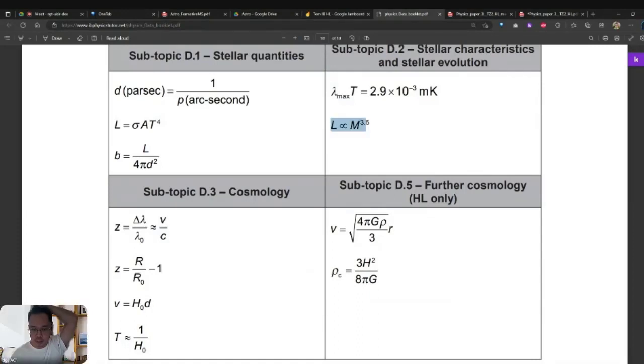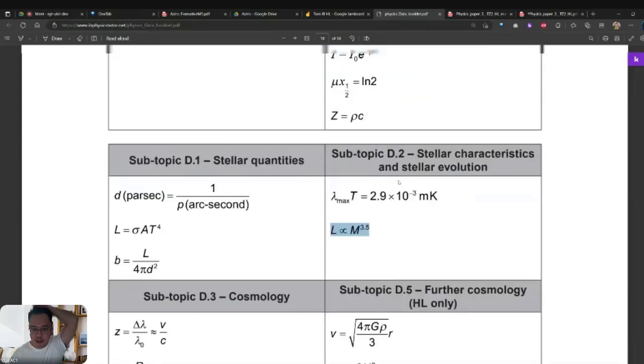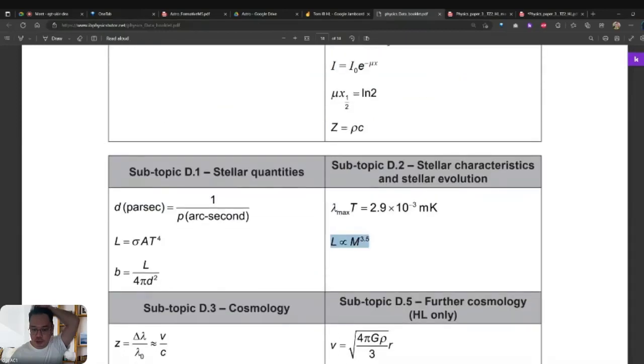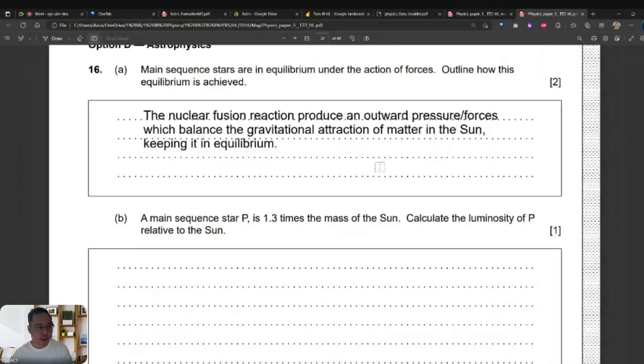Yeah, D2, second one here: luminosity is proportional to the mass to the power 3.5. So we can write it as follows. The luminosity of star P compared to the luminosity of our sun is the mass of star P to the power 3.5 compared to the mass of the sun to the power 3.5.